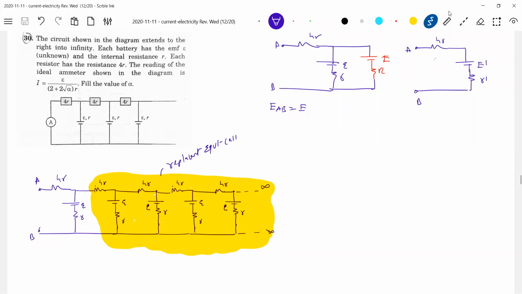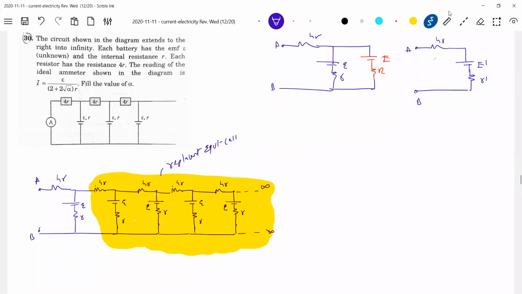I don't know the value of E dash. Shall we write that equal to EAB only? Okay, I'll do one thing. Time being, I'll remove this so that you can think on this.